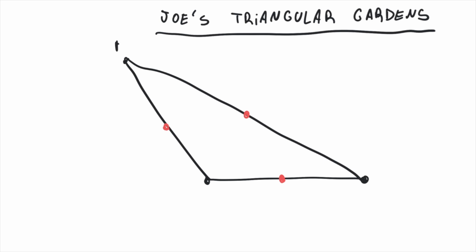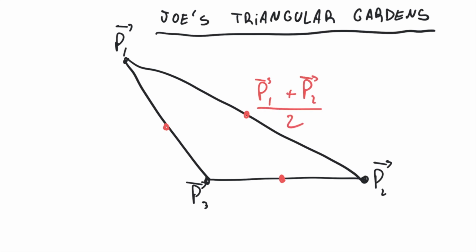So if this is P1, this is P2, this is P3, these points are the midpoints of the sides, and the ellipse touches these points. And okay, I'm going to have a lot of trouble drawing this, but you can see it would look something like this.